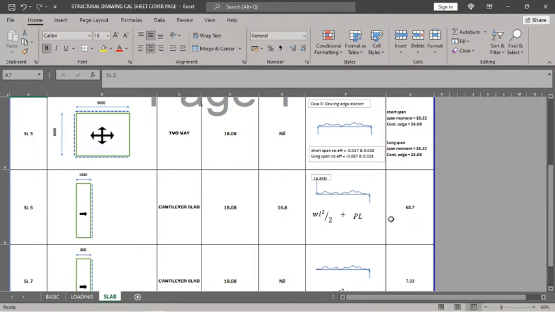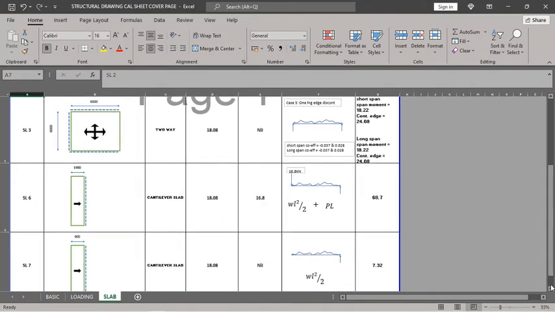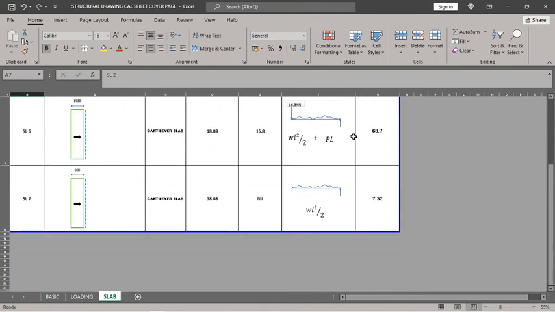For cantilever type 6, this is the formula I use to get this moment. So the formula for the UDL and the moment for the point load. With this, I come up with the moment that is coming on this slab.